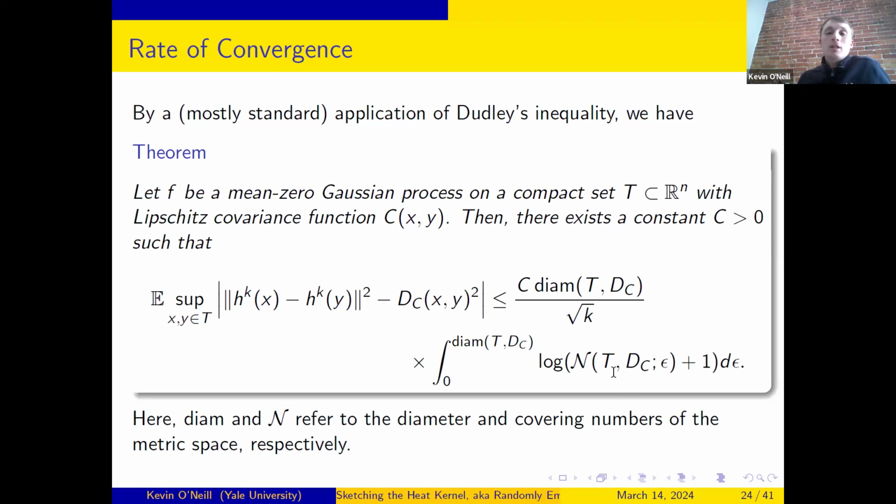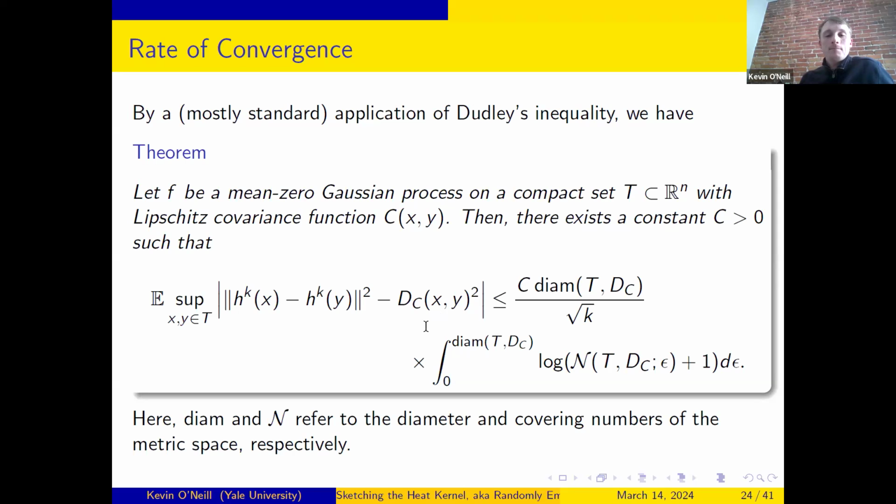And this is the kind of result that you tend to get when you use Dudley's inequality. I won't try to explain Dudley's inequality in too much detail, but the main point is that we're able to bound all of these errors simultaneously in a nice way.